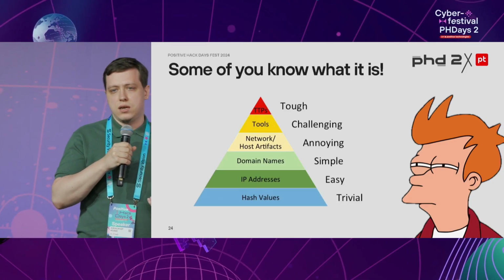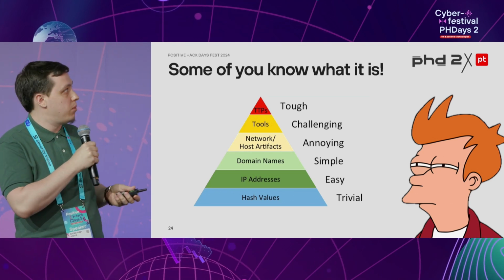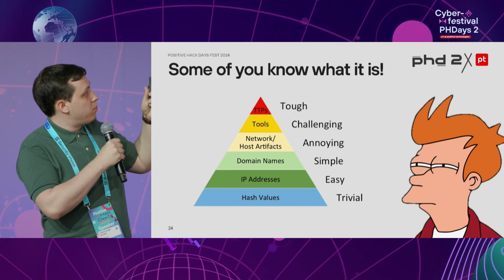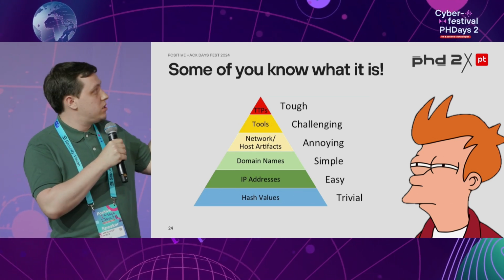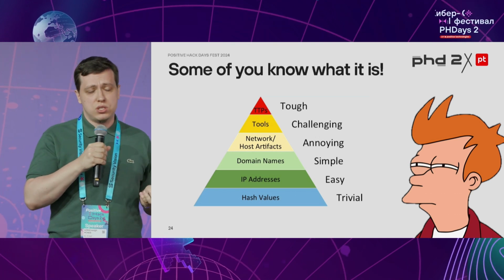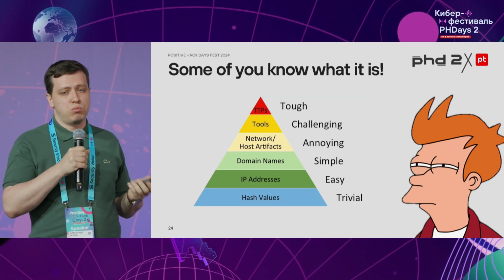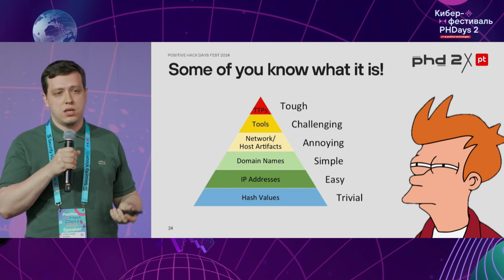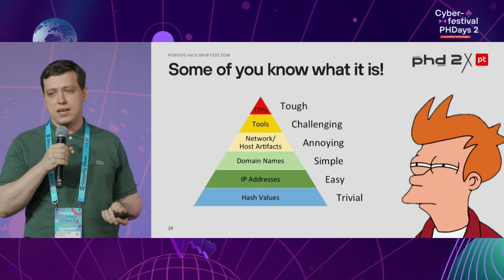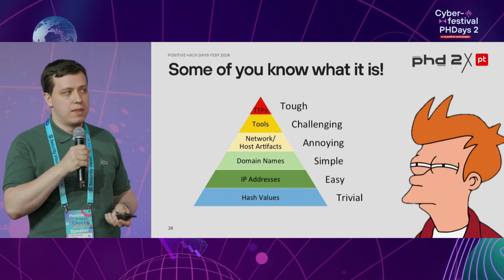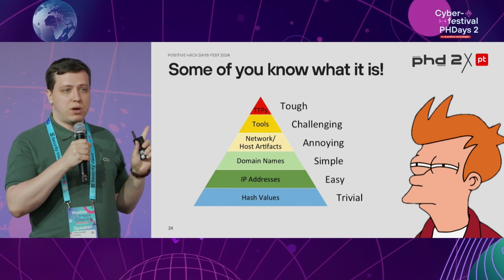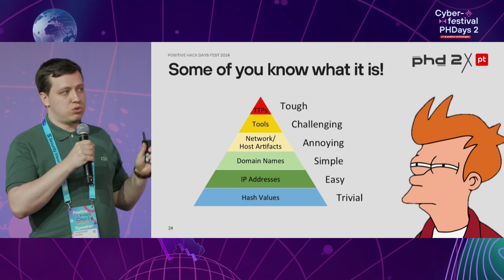As for domain names, you can register fake domain names in advance, so it's not going to be a problem for you. However, if you're blocked by tools or tactics, techniques, and procedures, then it is going to be way tougher. In other words, it's still doable, but you will spend more time thinking how to bypass that.